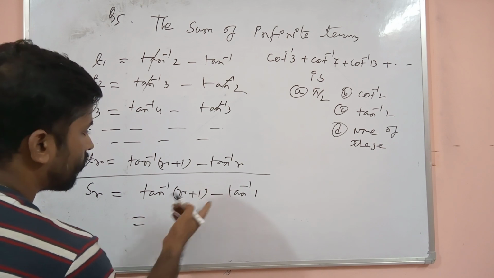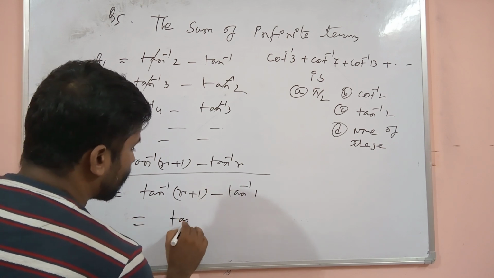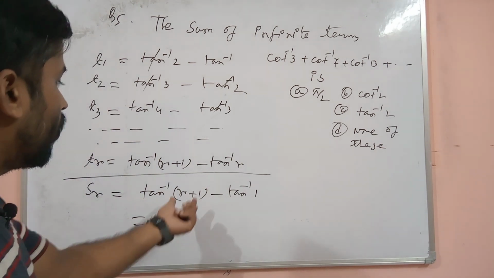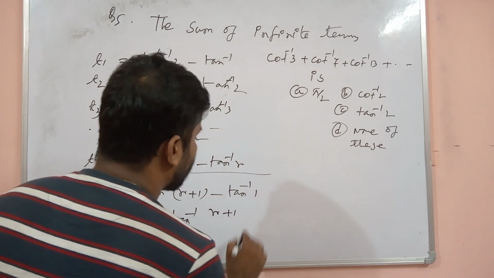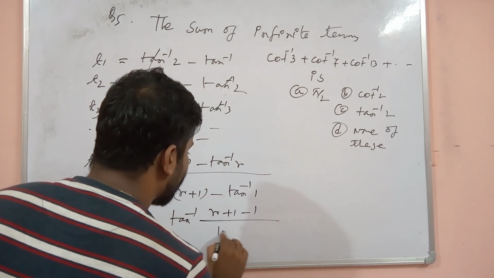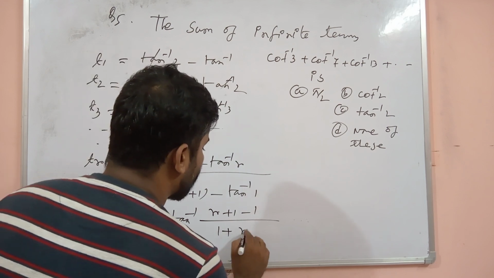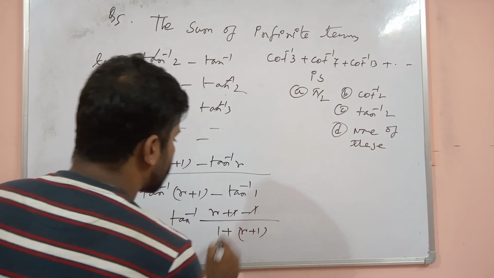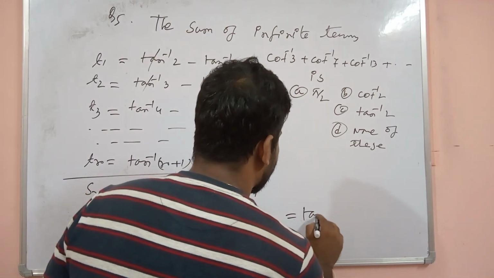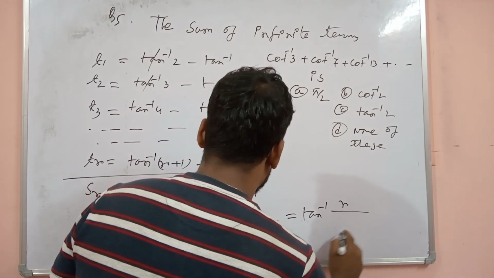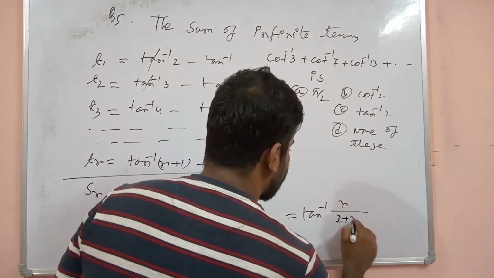Okay, so if we apply the rule of inverse trigonometric function, it is r plus 1 minus 1 by 1 plus r plus 1, so these two will be cancelled. So its final value is tan inverse r by 2 plus r.